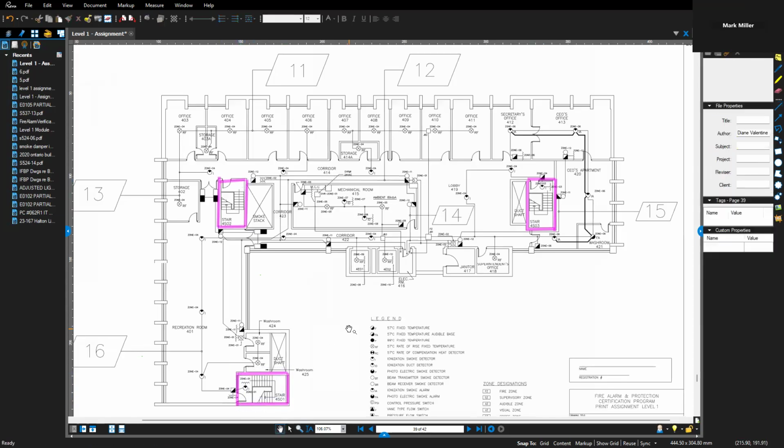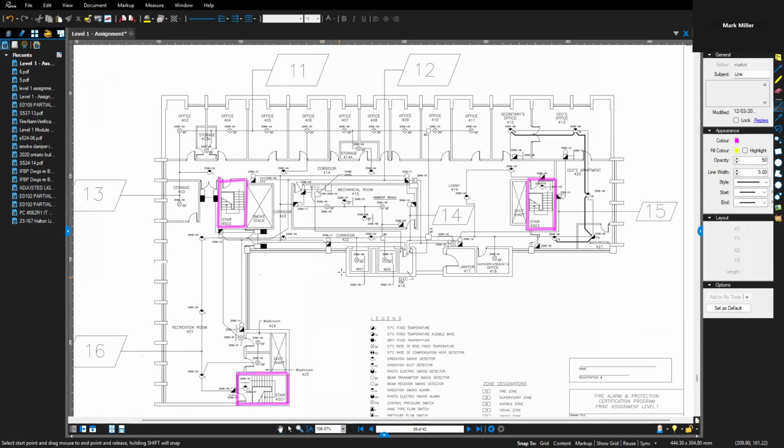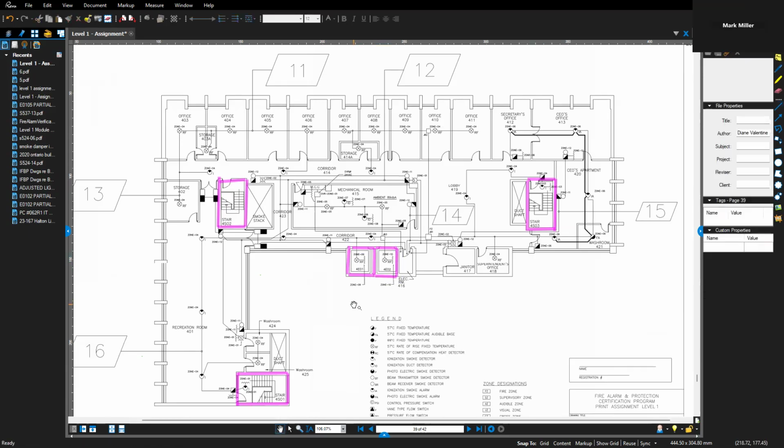Because we can look in the building code at the zoning requirements. We talked about that when we were talking about our initiating devices, on what things get different zones. And so we know that shafts get their own zones. So that's stairwells and elevators. And these elevators, we've got two elevators, but they have separate shafts. So great. So that's fire zoning done.